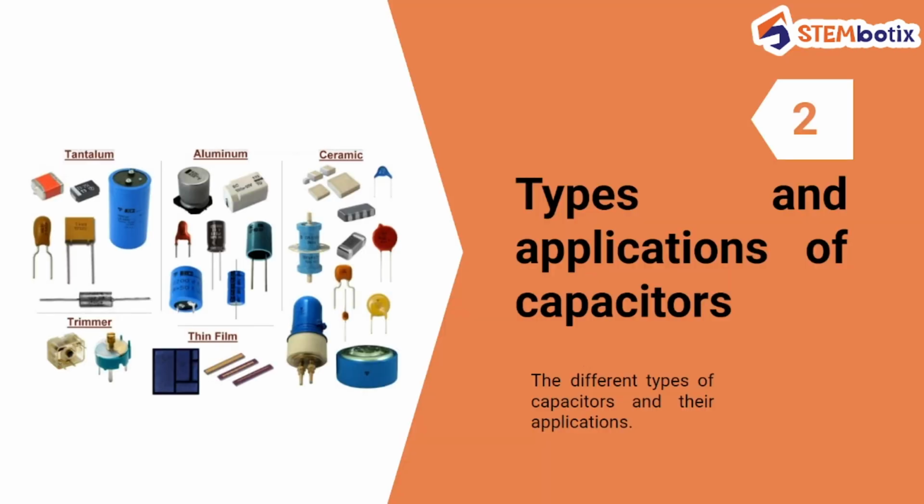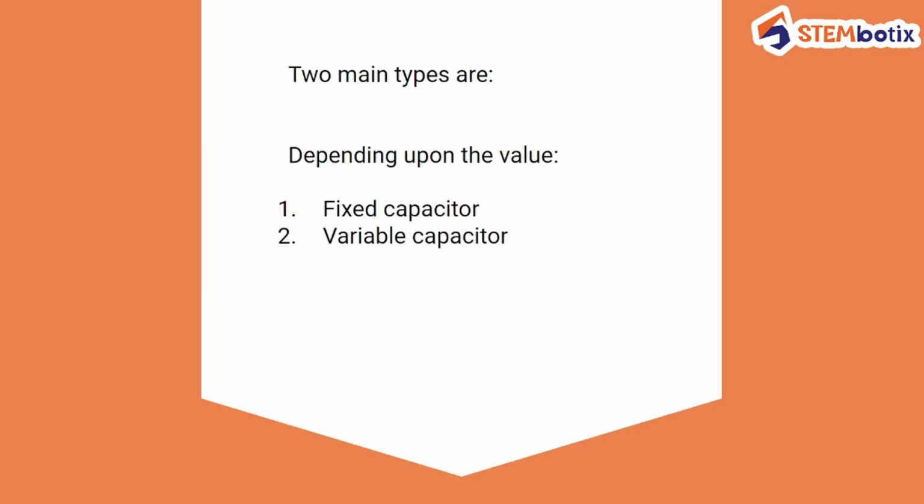The second category is types and applications of capacitors. So let us see different types of capacitors and where capacitors are used. There are two main types of capacitors. First, depending upon the value, whether it is a fixed capacitor or a variable capacitor.